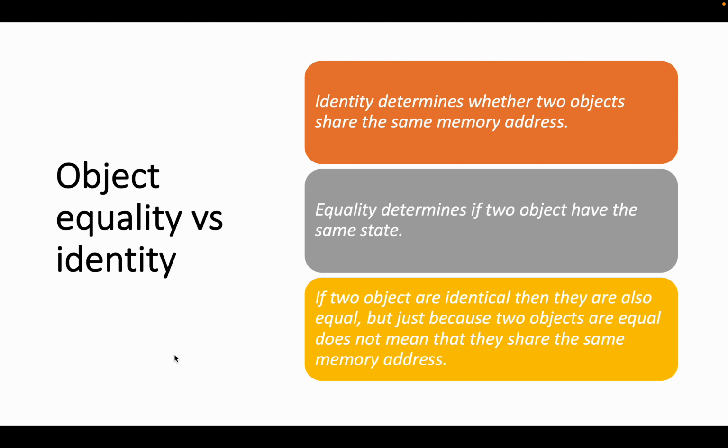So if two objects are identical, that is, they share the same memory address, then those objects are equal. But just because two objects are equal does not mean they share the same memory address. We will look at that.